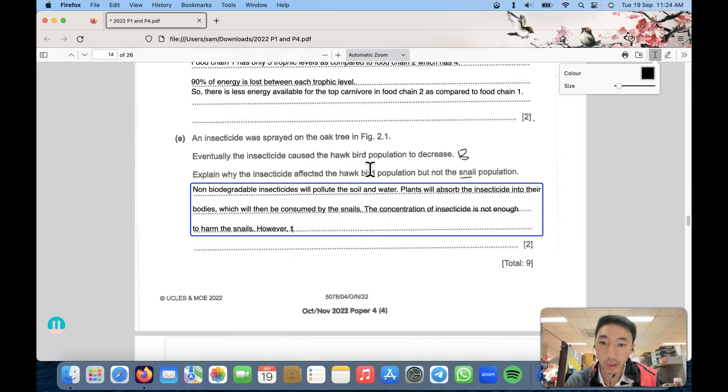Okay, so however, the concentration of insecticide increases up the food chain.